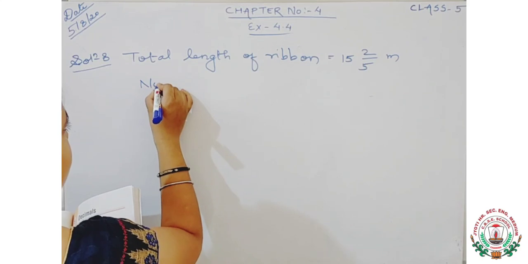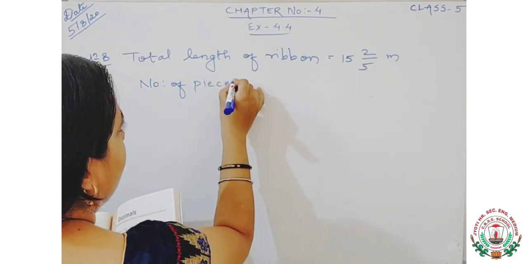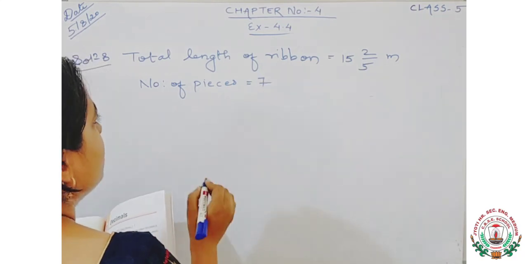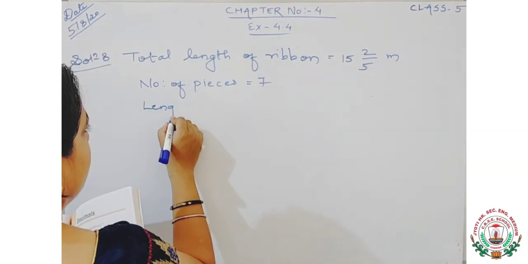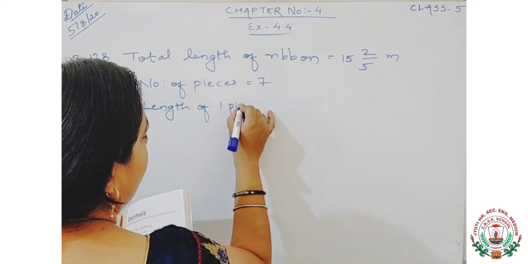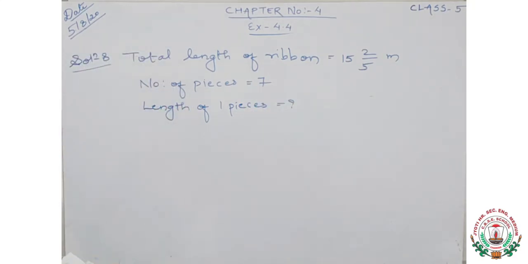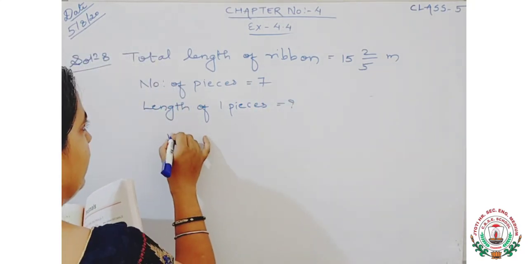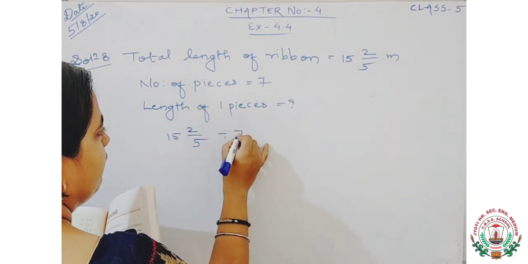Number of pieces is equal to 7. What you have to find out? Length of one piece. So how we will find? We will just divide and find it out. Okay. 15 2 by 5 divided by 7.